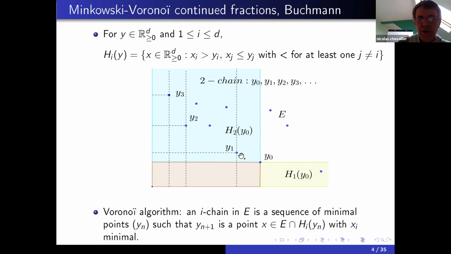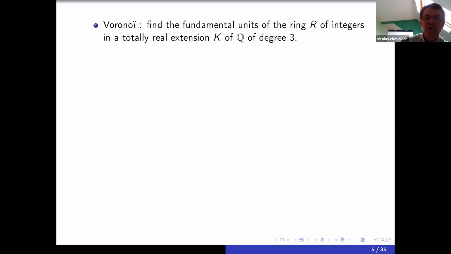The rectangle here contains no point of E. This is a minimal point, and it is a minimal point with the smallest second coordinate, because we look at a 2-chain here, and so on. So there is the 2-chain here, y0, y1, y2, y3, and so on.